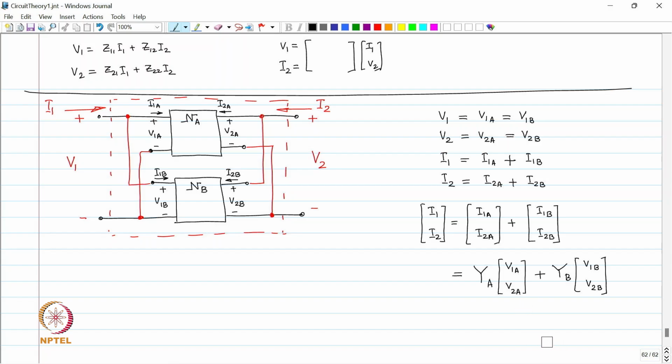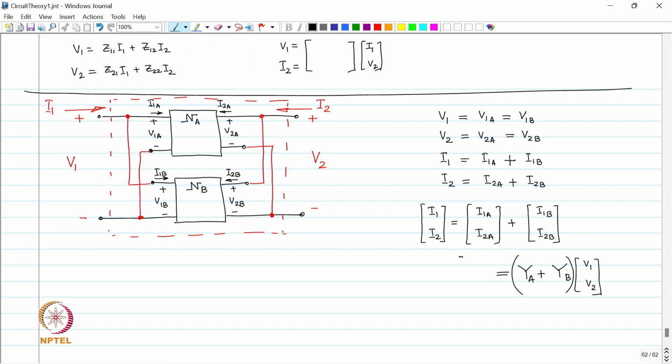So, I do not need this A B business, I can delete the A's and B's, right, they are all the same, and in fact, I can take it common, which is going to give me, fine.